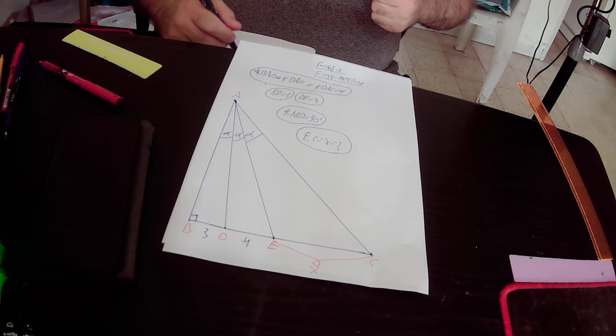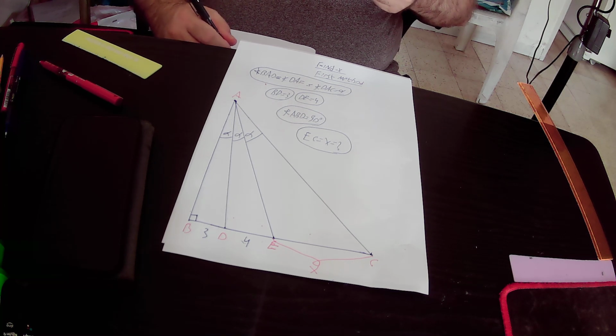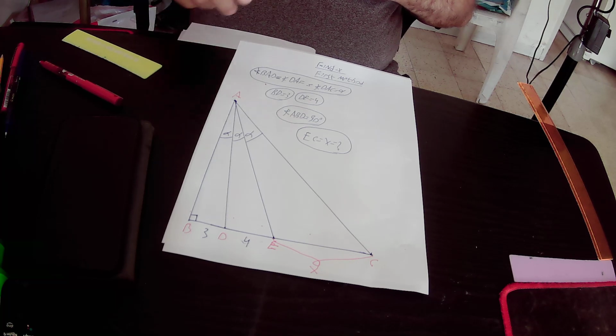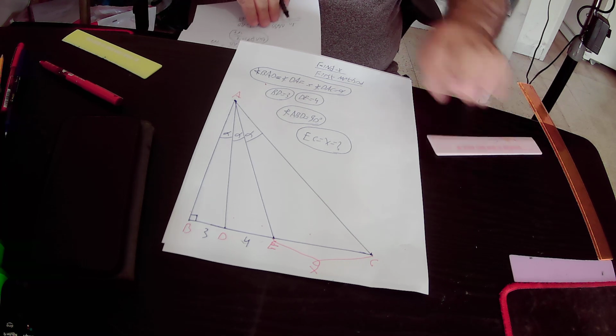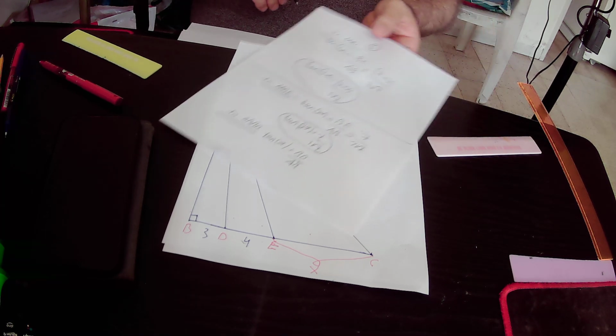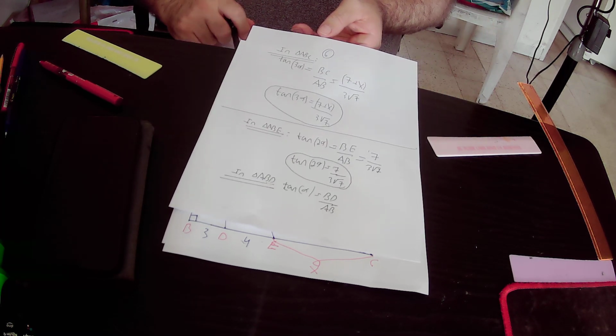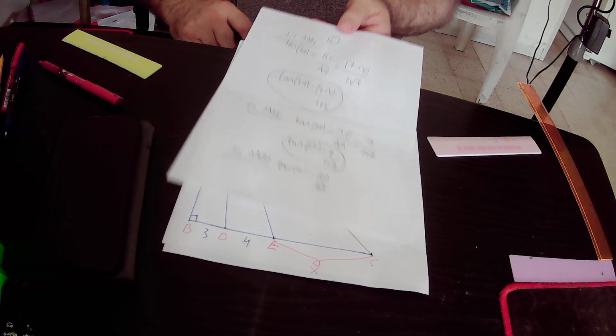We know that tangent alpha equals BD over AB.